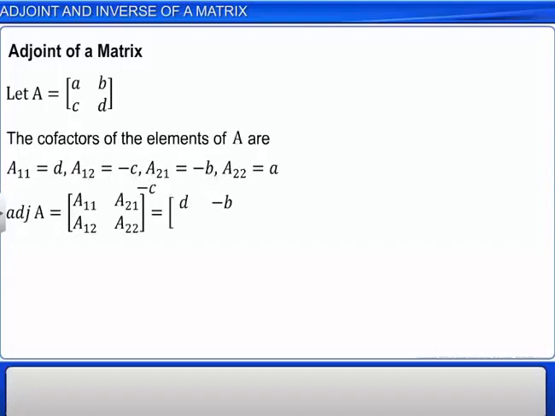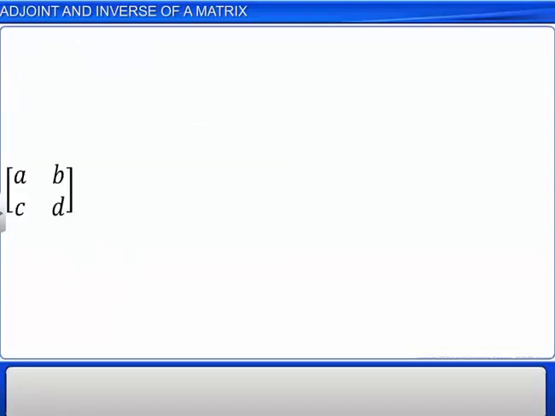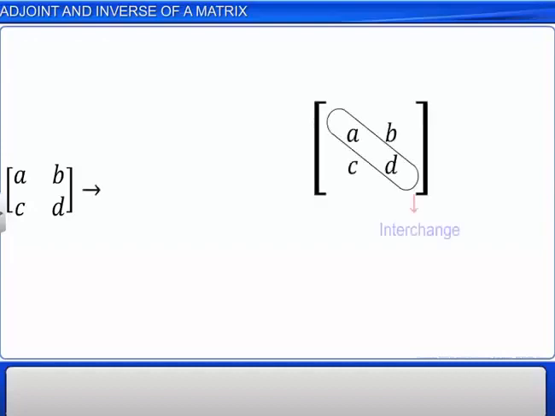So, the adjoint matrix has d and minus b in the first row and minus c and a in the second row. The adjoint of a 2x2 square matrix can be obtained by interchanging a and d and by changing the signs of b and c.